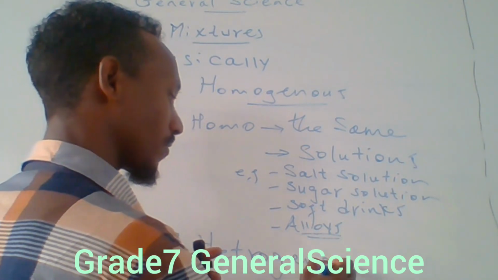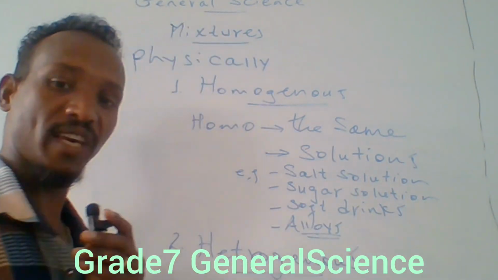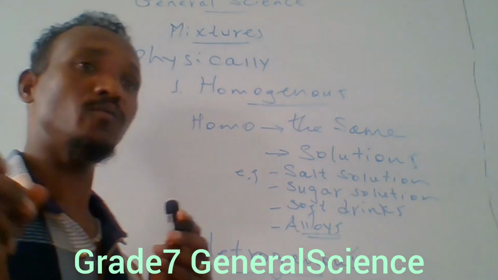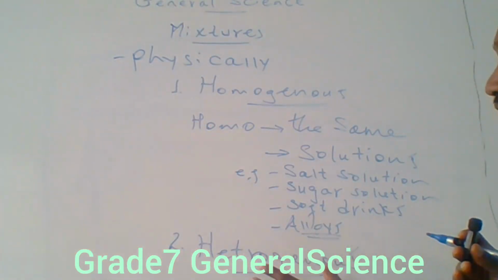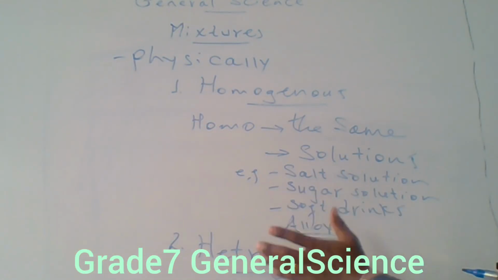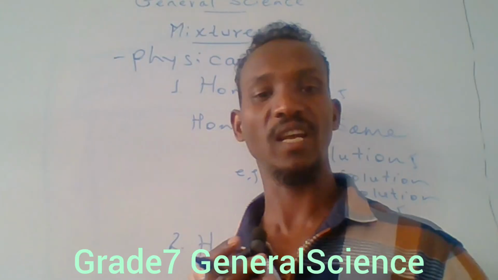A heterogeneous mixture is also formed by the combination of two or more different substances or elements by physical means.